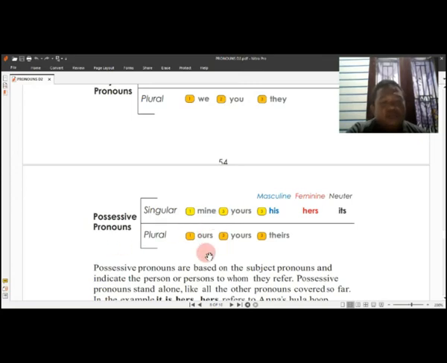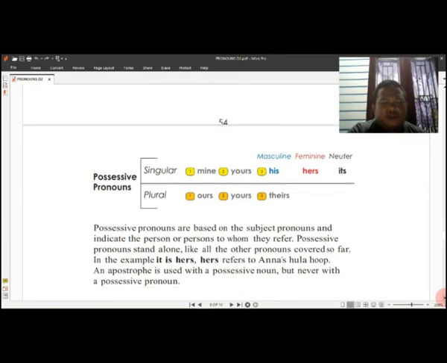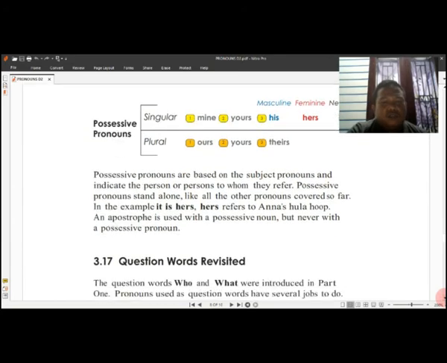So possessive pronouns are based on the subject pronouns and indicate the person or persons to whom they refer. This is a bit difficult to understand. Possessive pronouns stand alone, like all the other pronouns covered so far. In the example, it is hers. Hers refers to Anna's hula hoop.